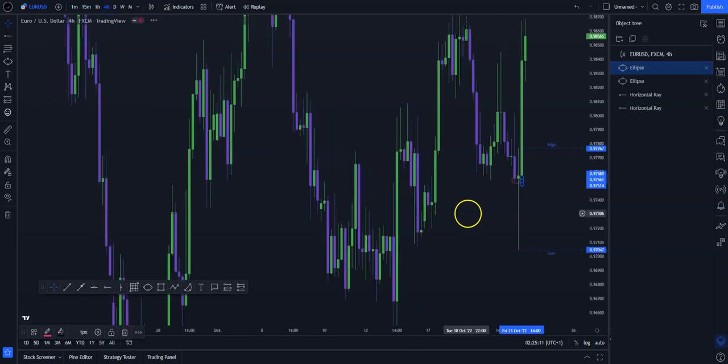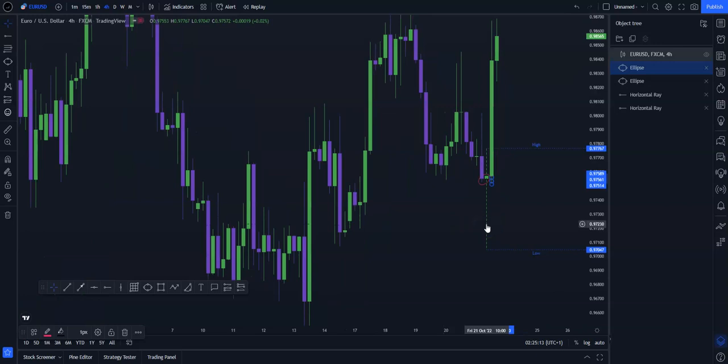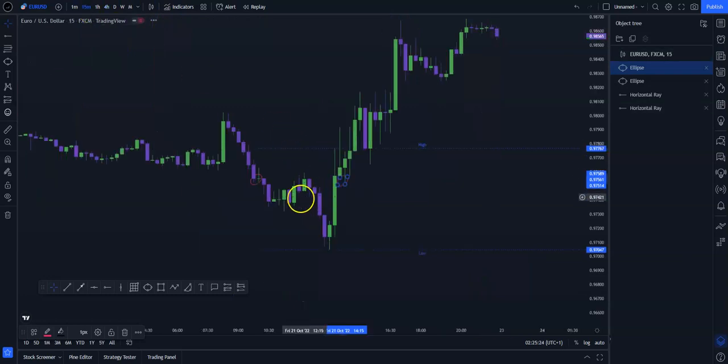On the 4-hour, what candle was that? It started at 10 a.m. The next candle started at 2 p.m. It's like 10 till 2. I'm just marking out where 10 and 2 are. 15 minutes, around there. We can see, that's our entry.